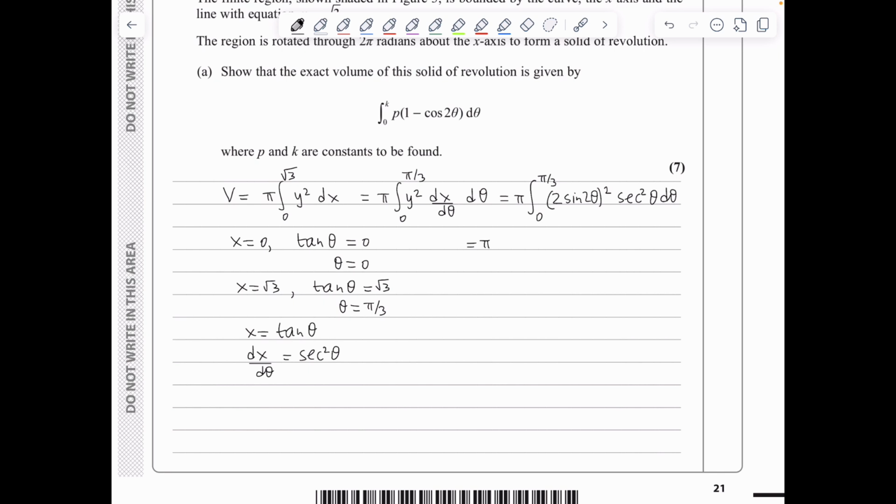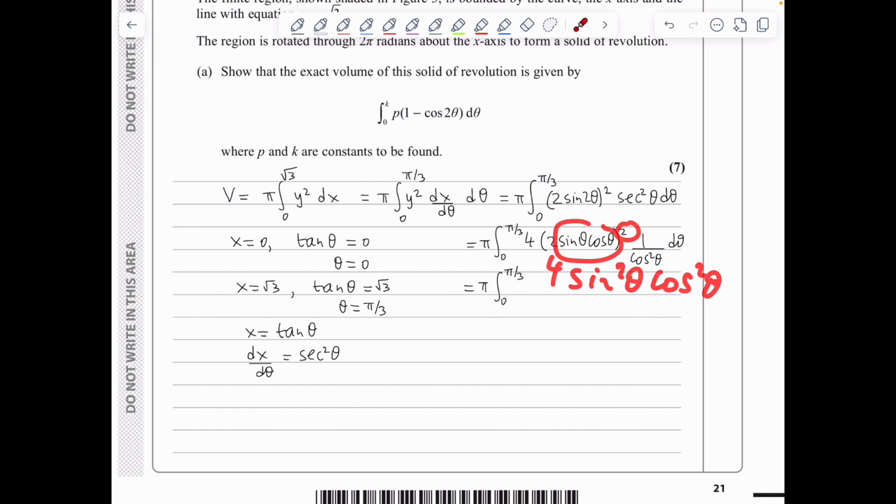So this is pi, the integral from 0 up to pi over 3 of 4, the 2 squared gives me a 4, and sin 2 theta can be written as 2 sin theta cos theta, the double angle formula, squared, and then sec squared is 1 over cos squared theta, d theta. So we are looking at pi, the integral from 0 up to pi over 3. Now the (2 sin theta cos theta) all squared will give me 4 sin squared theta cos squared theta. So the 4 times this 4 will give me 16.